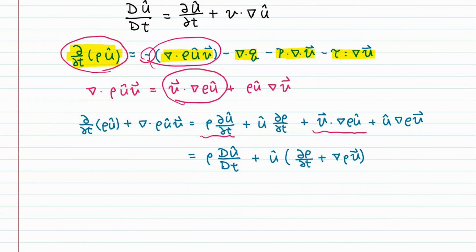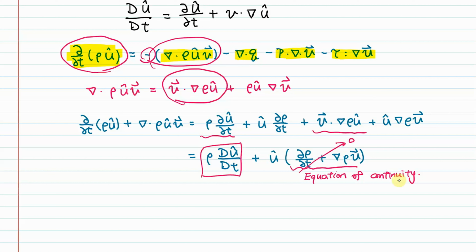The interesting part is that the second term within the parenthesis equals 0, because this is actually the equation of continuity. So by combining the convective transport term with the left-hand side, we are left with just the substantial derivative term.